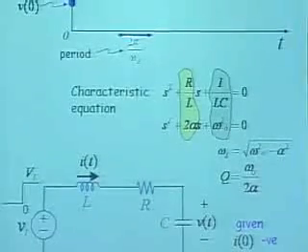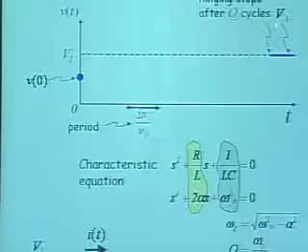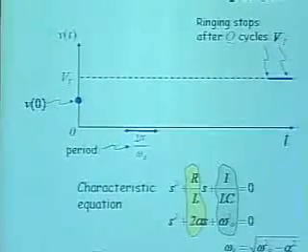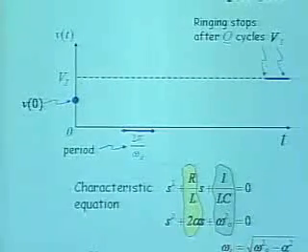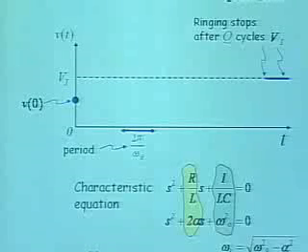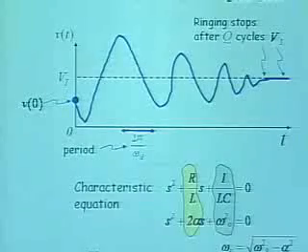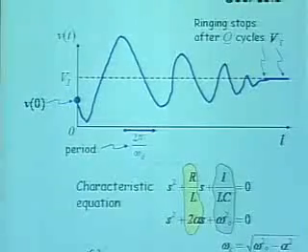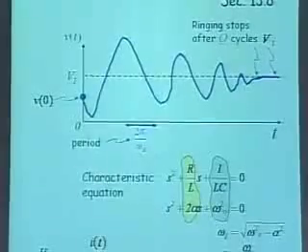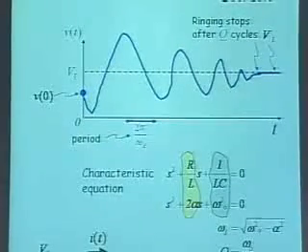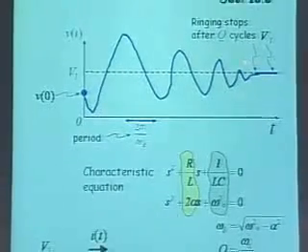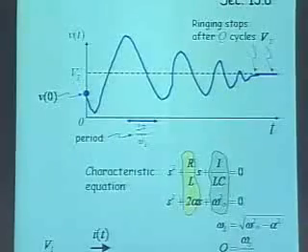So Q tells me that the ringing stops approximately after Q cycles. So these four values, omega d, Q, alpha, and omega naught, are telling me more and more now. So I've got these two factors. I know now, based on omega d and Q, that it's going to look something like this. Some swinging, ringing here, and then I stop at this point.